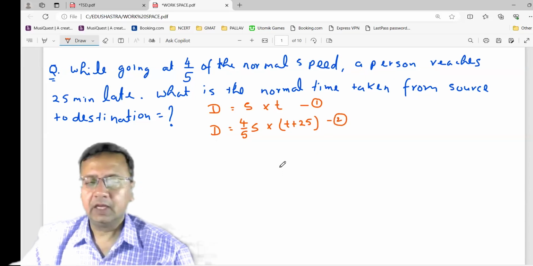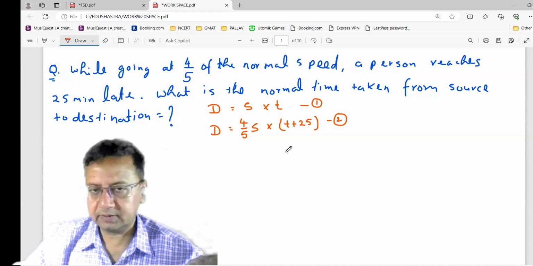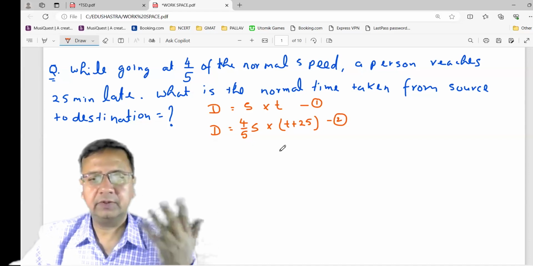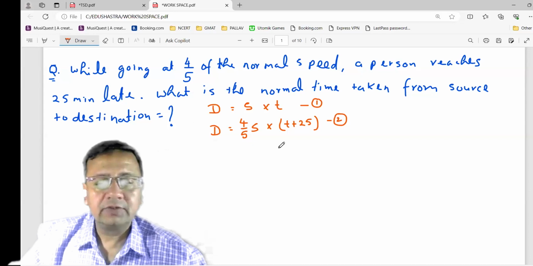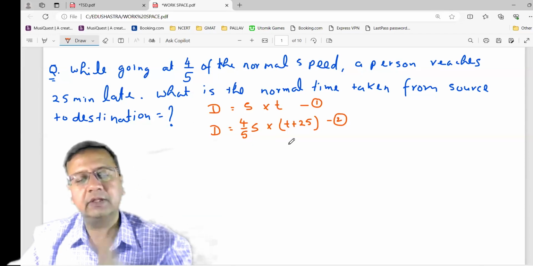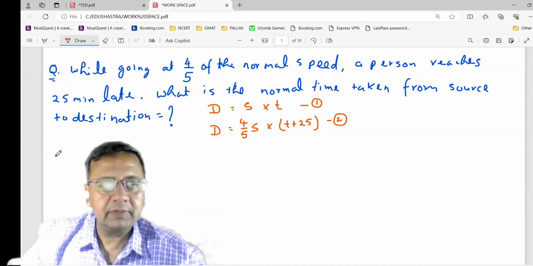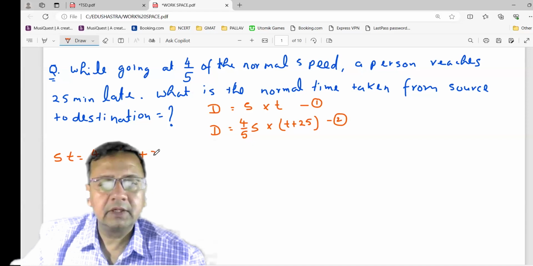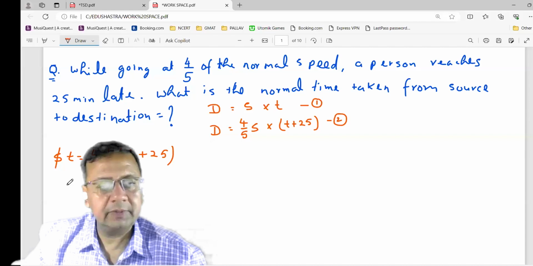Left part is the same, the distance. If you are going normal or if you are going slow, distance should be the same. So if the left part is the same, you can equate the right part. So this is coming out to be S T is equal to 4 by 5 of S times T plus 25. S and S cancelled. Just cross multiply, open up the bracket.